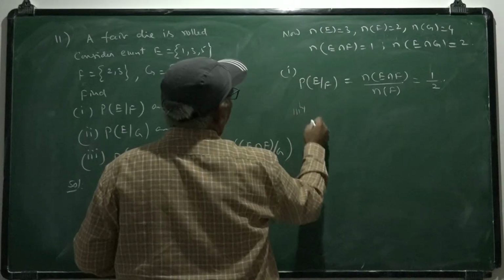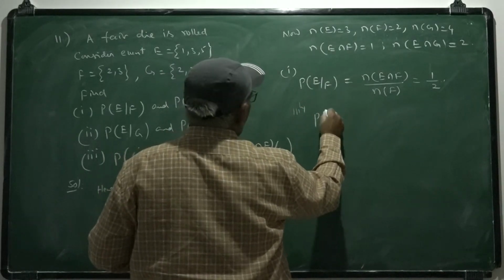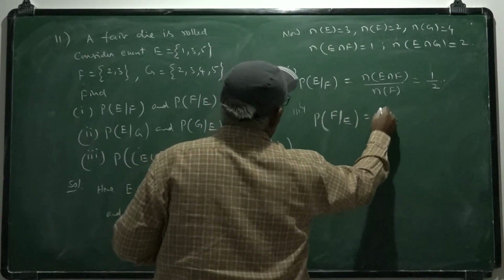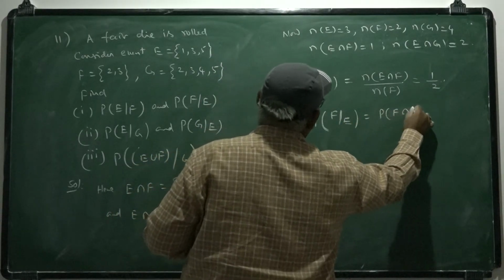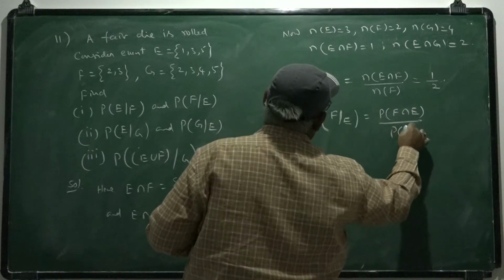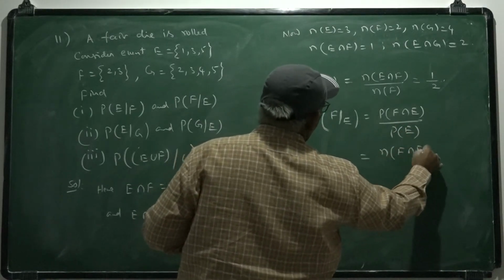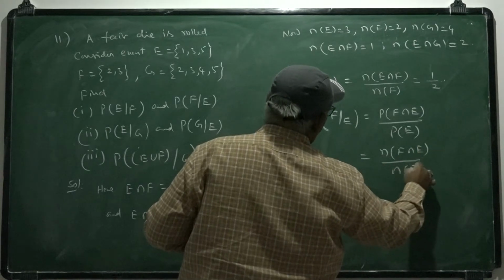Similarly, the conditional probability of F given E, that is F intersection E by probability of E itself, or n of F intersection E by n of E itself.